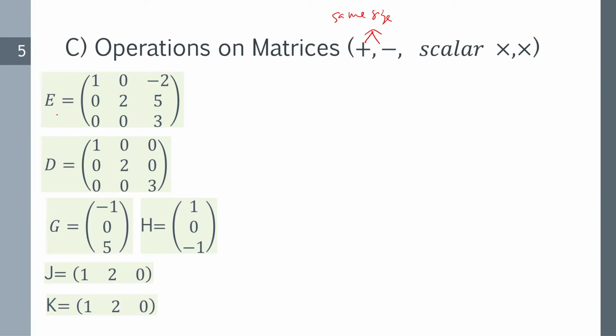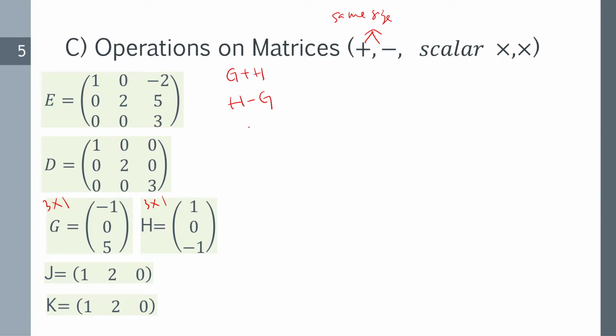If I have my G with size 3 times 1, I must only choose a partner of size 3 times 1, which is my H. I cannot choose others to sum or subtract, so I only have G plus H, or H minus G, it doesn't matter, they must be the same size.